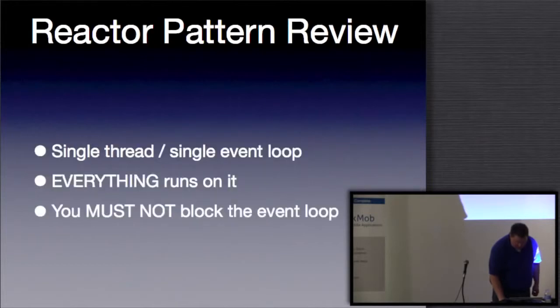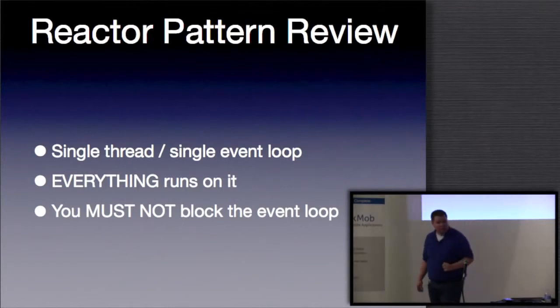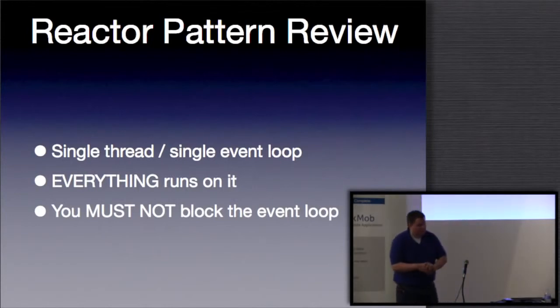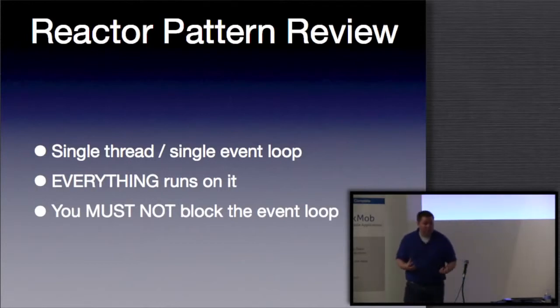So what do we know about the reactor pattern? Well, in Node, we have a single thread. We have a single event loop. Can't really do anything about this. Now, we can go hack V8, and there are actually projects out there that are hacking V8 to give you multiple threads in V8.